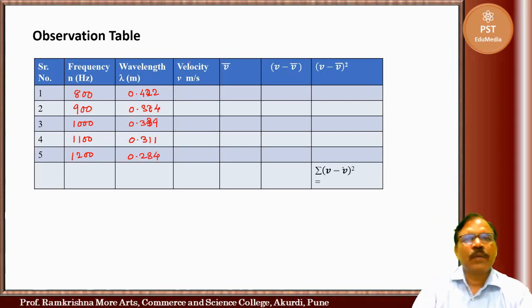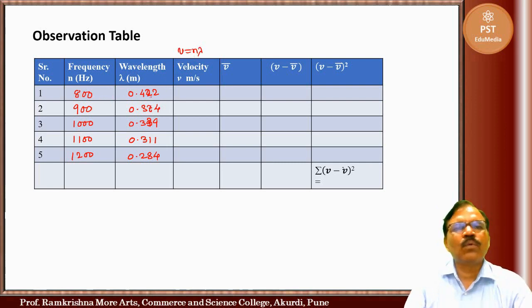Then velocity V is equal to n into lambda. So we have n, we have lambda. So let us take multiplication. So 800 into 0.422, we will get this as 337.6 meter per second.